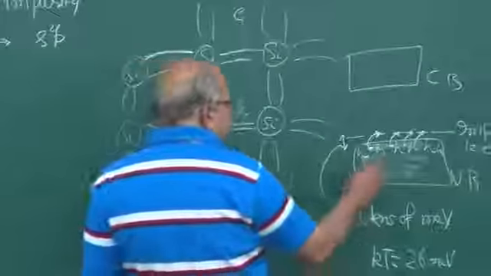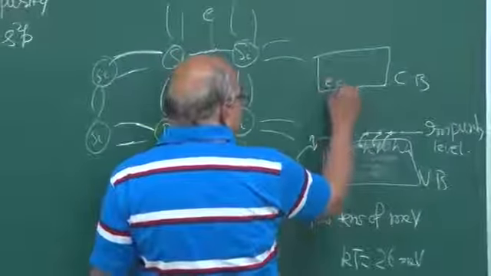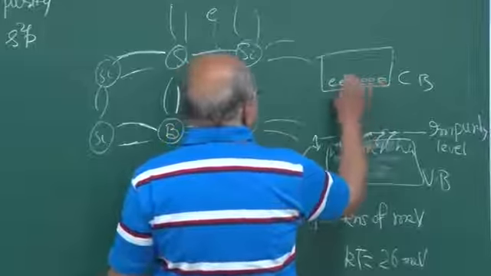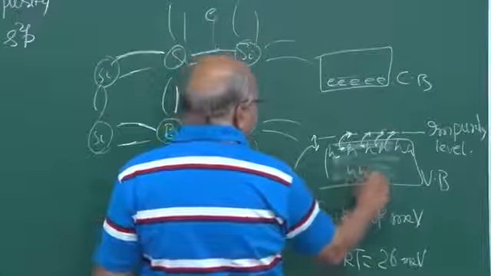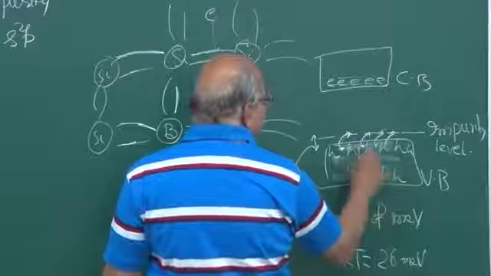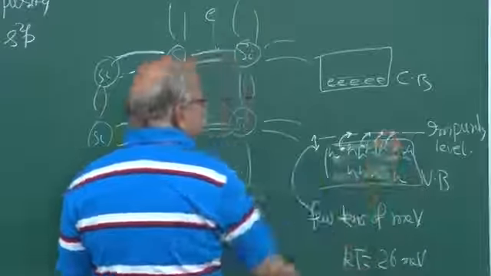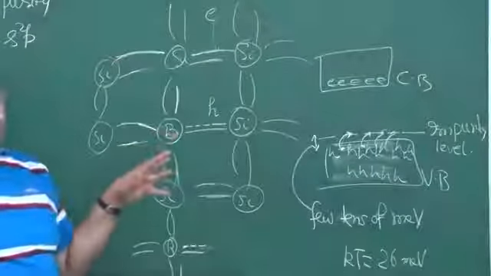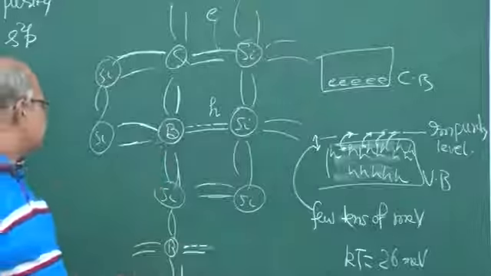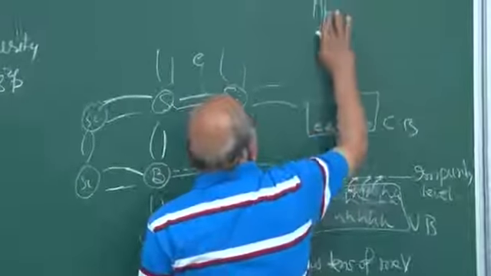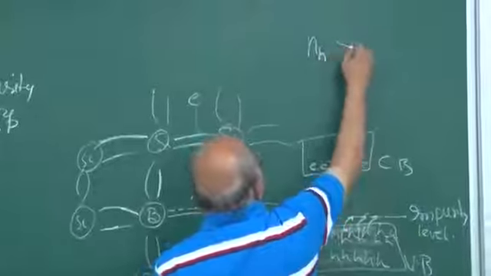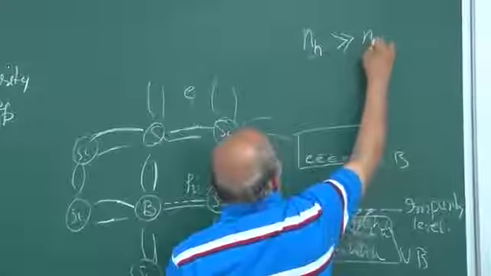To start with, there were some quantum states filled by electrons in the conduction band, and corresponding holes were there, but now you are putting many more holes through this doping. So in this case, what will happen? In this case, NH will be much larger than Ne.